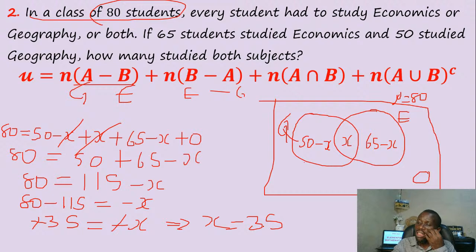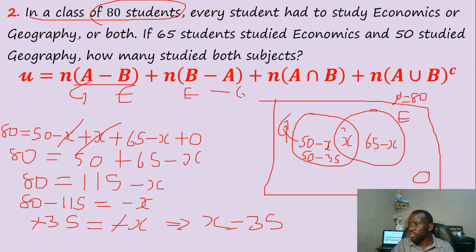Okay, now, since I've gotten X to be 35, I will go back to my Venn diagram, and I will substitute wherever I see X with 35. Now let's go inside the same Venn diagram here. That becomes 50 minus 35.